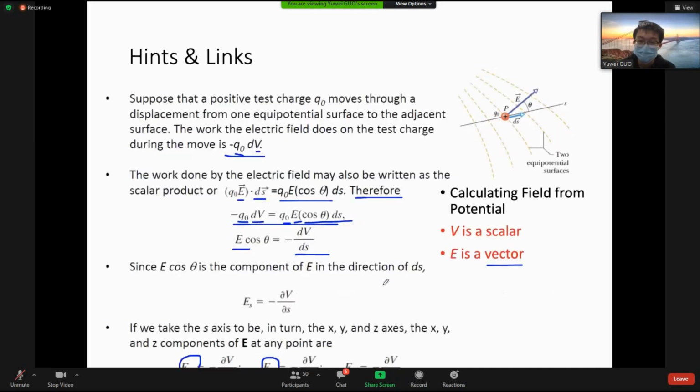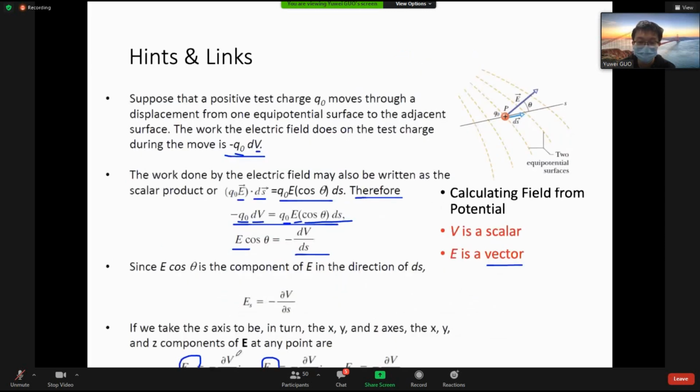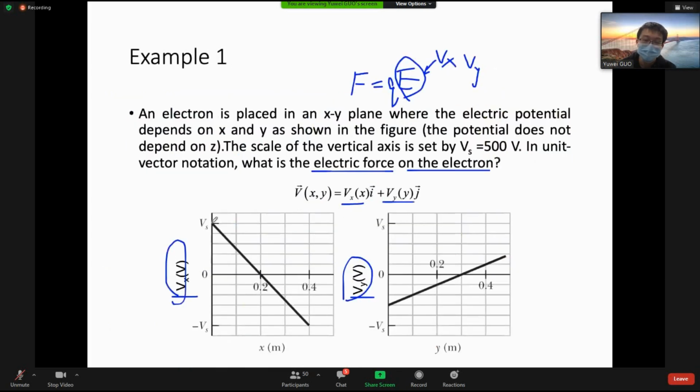For this question, we only need to calculate Ex and Ey, and with the derivative, they are all constant.